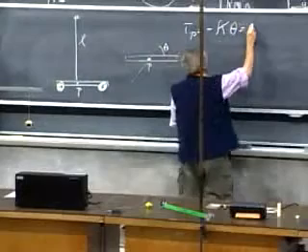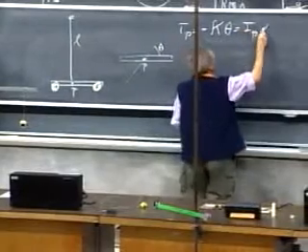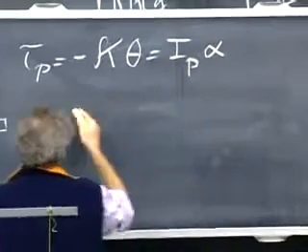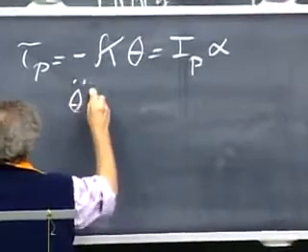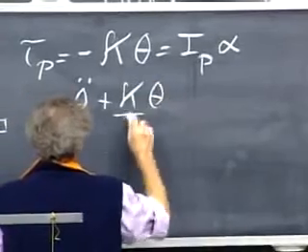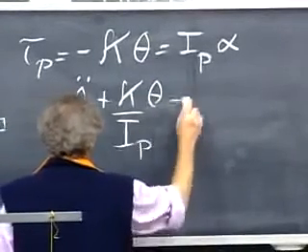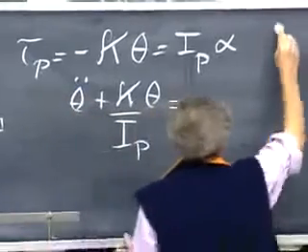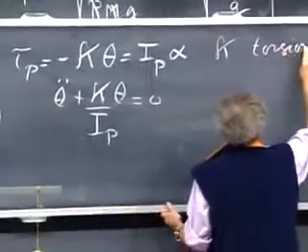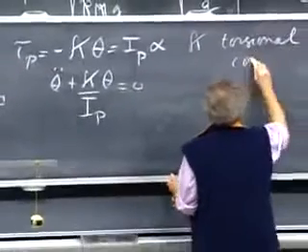And this is the moment of inertia about point P times alpha, and alpha is theta double dot. So we're going to get that theta double dot plus kappa times theta divided by I_P equals 0. And kappa, by the way, is the torsional constant.